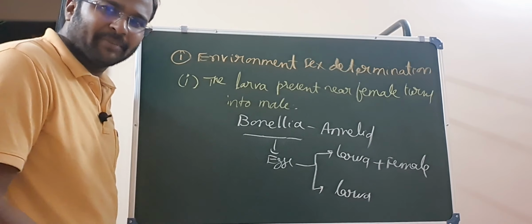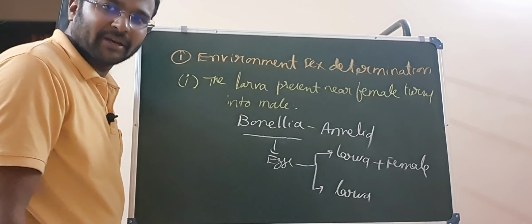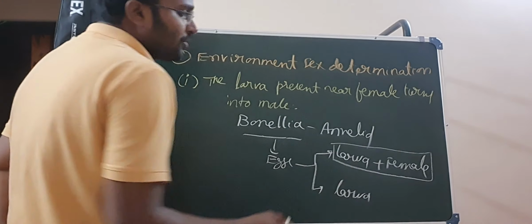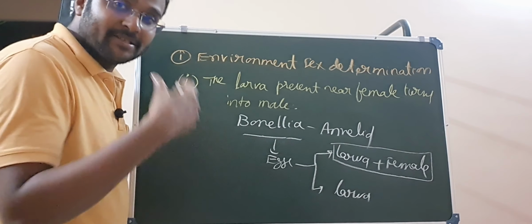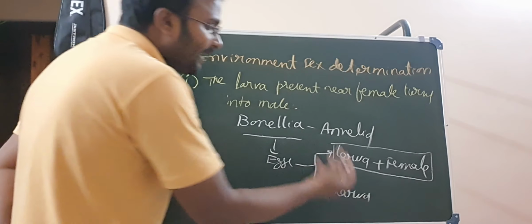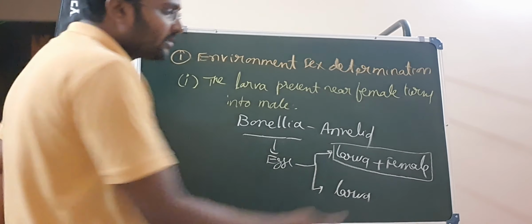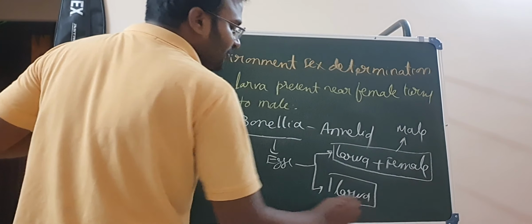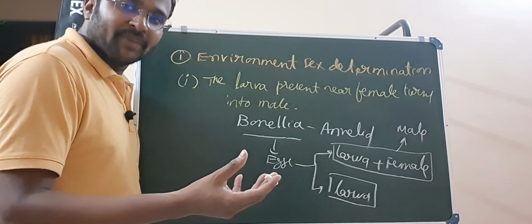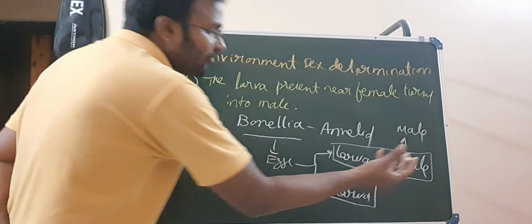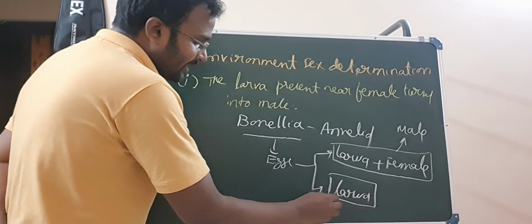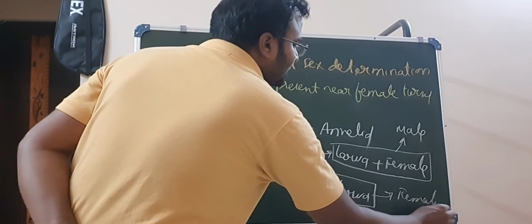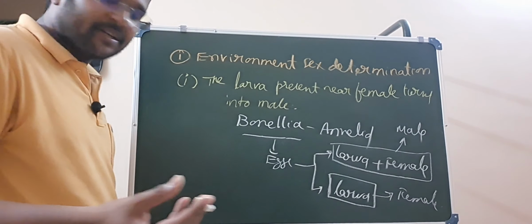Any female, it may be mother or any other female, is going to take some larva. The larva which grows inside the female body, which is taken up by the female, will turn into male. And the larva which is free living, which is not taken up by the female, is going to turn into female.